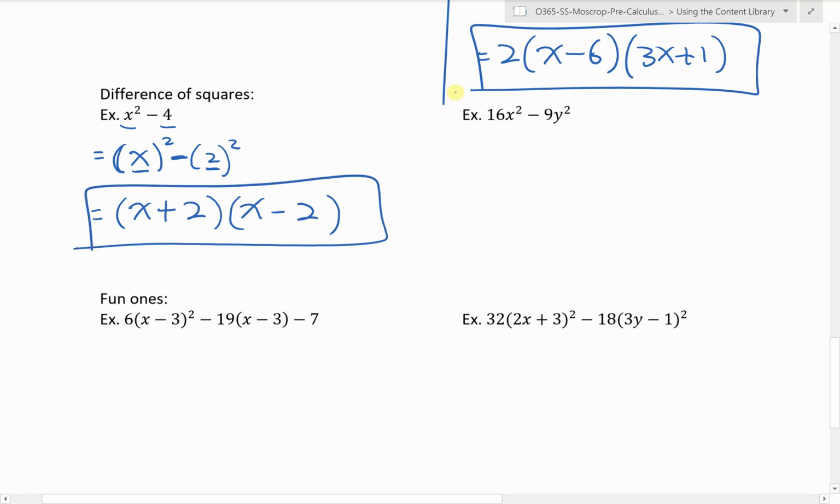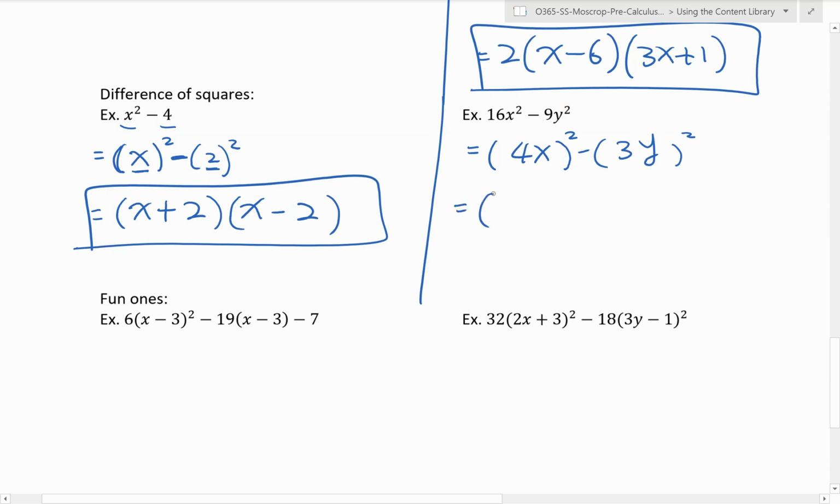Why don't you try it for the second one? The key here is first, write this as a difference of squares. We can write 16x squared as a perfect square. That is going to be 4x, right? 4x squared is 16x squared. 9y squared, if you square root that, you get 3y. 3y squared is 9y squared.